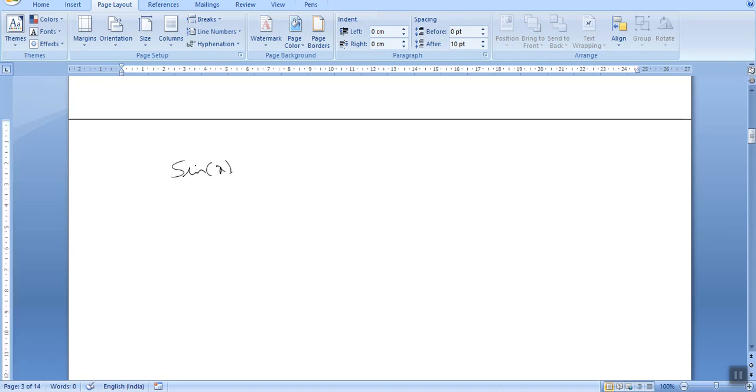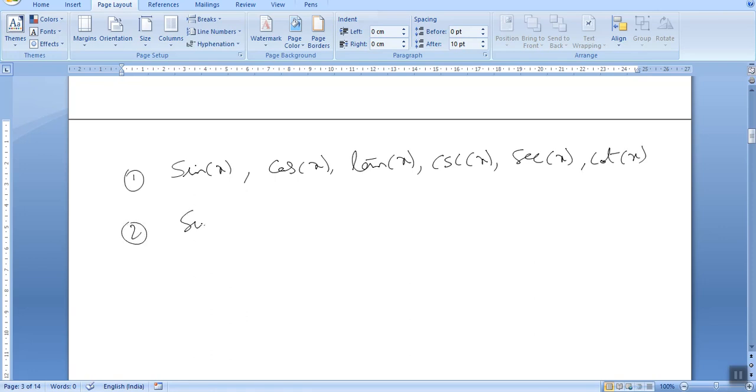If x is in radians, use sin x, cos x, tan x, cosecant x, secant x, next cot x. Now if x is in degrees, use sind of x, cosd of x, tand of x, cotd of x, and so on.